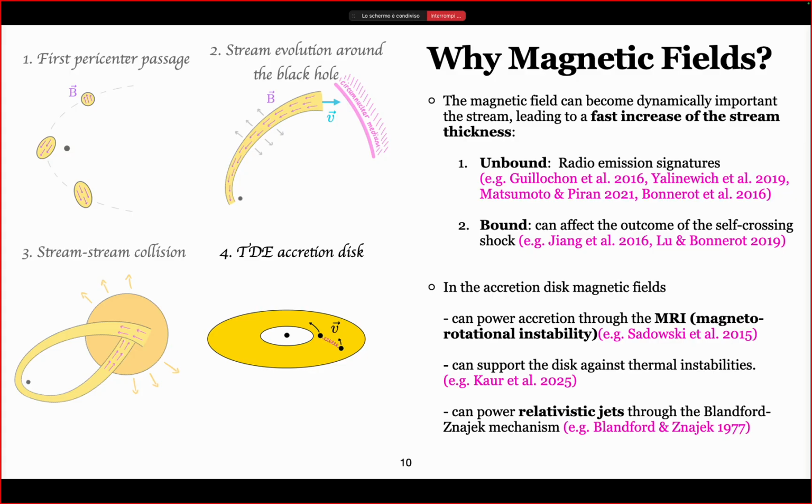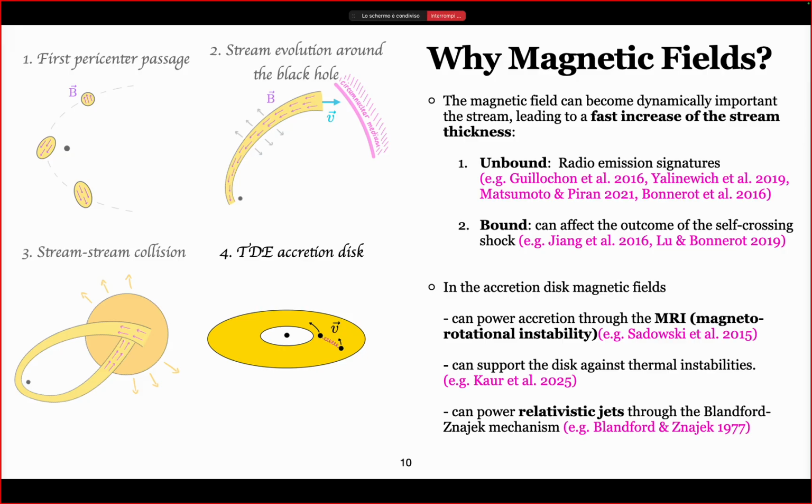There are other reasons why magnetic fields can be important during these last stages. One is that strong magnetic fields could support the disk against thermal and viscous instabilities. The other is that strong magnetic fields could power relativistic jets through the Blandford-Znajek mechanism.